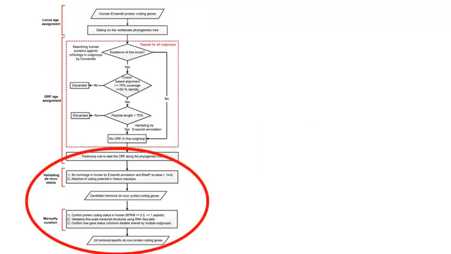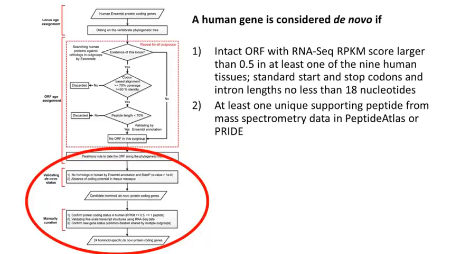In the third step of our pipeline, we determined whether the human gene is a de novo protein coding gene. A human gene is considered de novo if the following conditions are met.